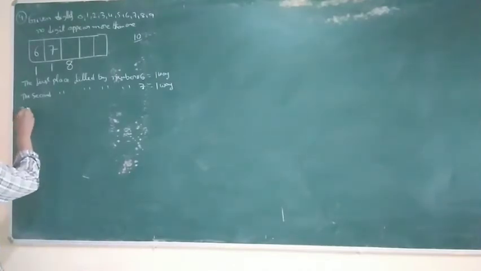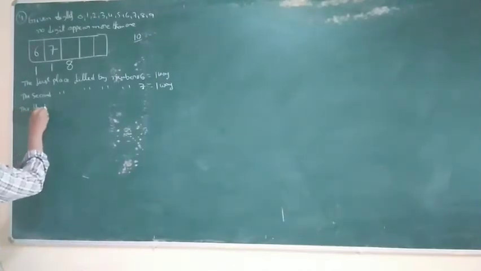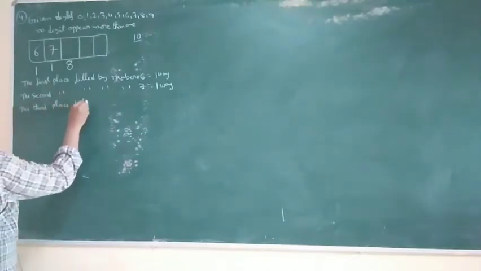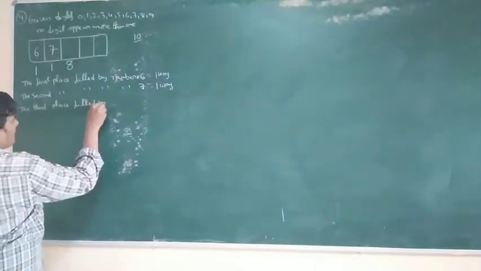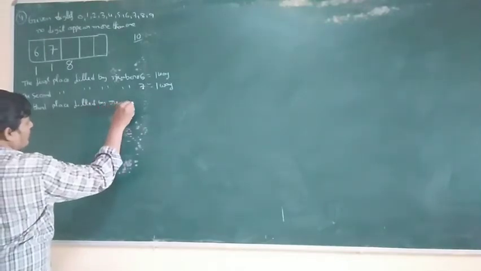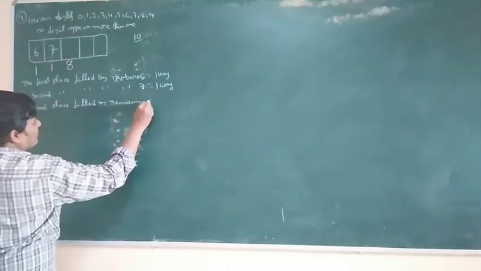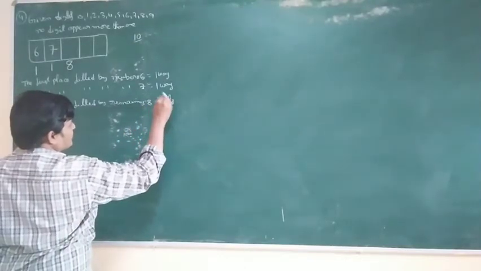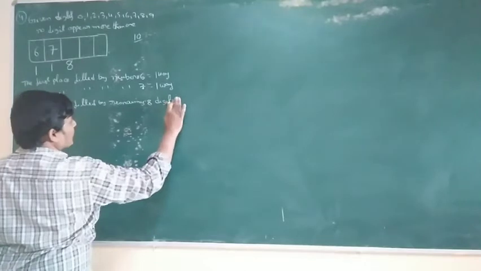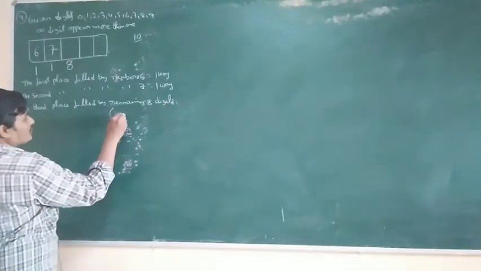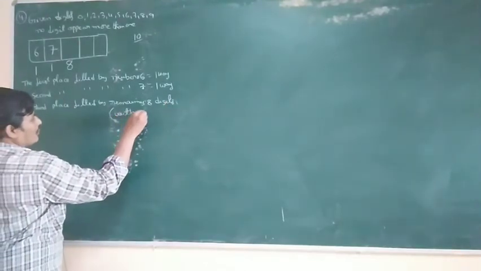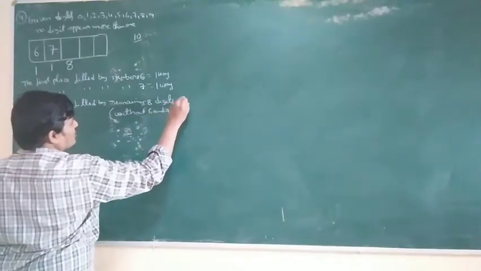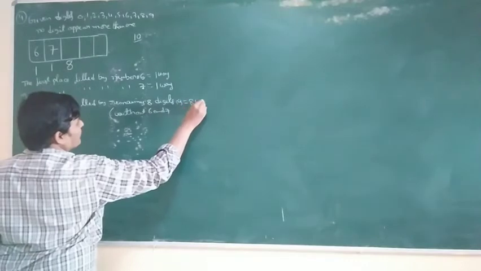The third place is filled by the remaining 8 digits, without 6 and 7. So how many ways? 8 ways.